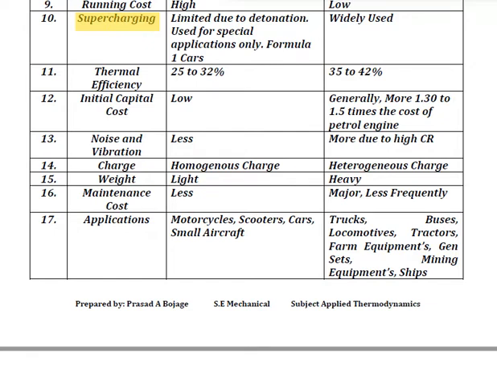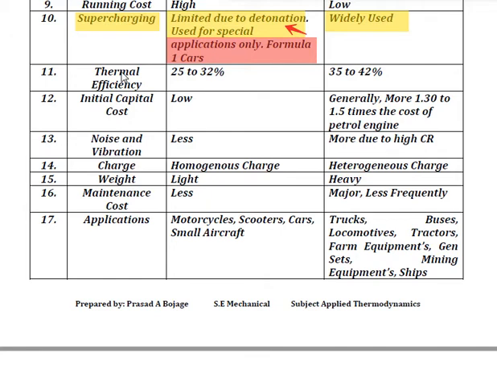In case of petrol engines, supercharging is limited because of detonation. Because of the knocking tendency, it is limited and only used for special applications. The applications are generally Formula 1 cars and aircraft engines. Whereas in diesel engines, supercharging is very common and widely used.